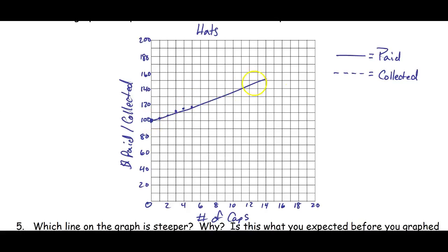Okay, so if we're going to extend that graph, we know it's going to go out this way. Now, how about the amount collected? Well, it starts at 0, 0, then 1 is 10, 2 is 20, then 30, then 40, then 50. Okay, again, we're going to use a separate line here to represent this graph.